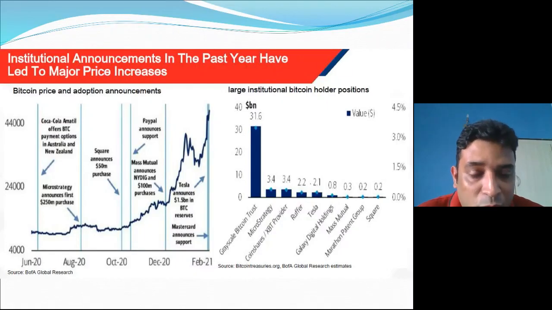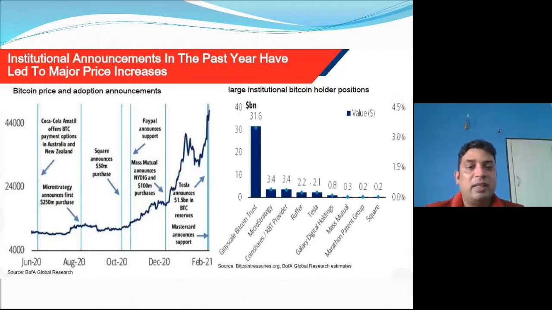That's why the Bitcoin price has moved exponentially high. As I said, if you had taken one Bitcoin in 2014 at 50,000, today it costs 40 lakh rupees. Okay, so that's fair.